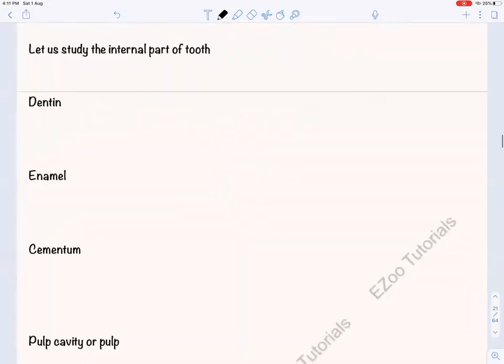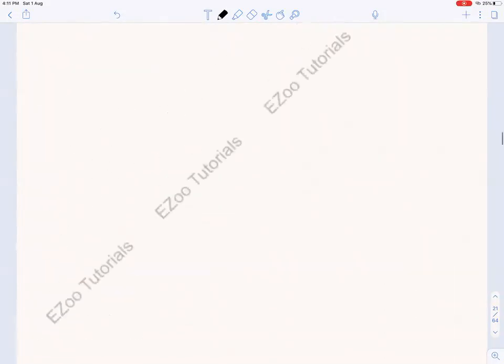So now let us study the internal parts of the tooth. For that, let me make a good big diagram for you so that you are easily able to understand. I'll go a little fast in this because these structures are really easy to understand. There are few points which need to be learned, which I'll be telling you.